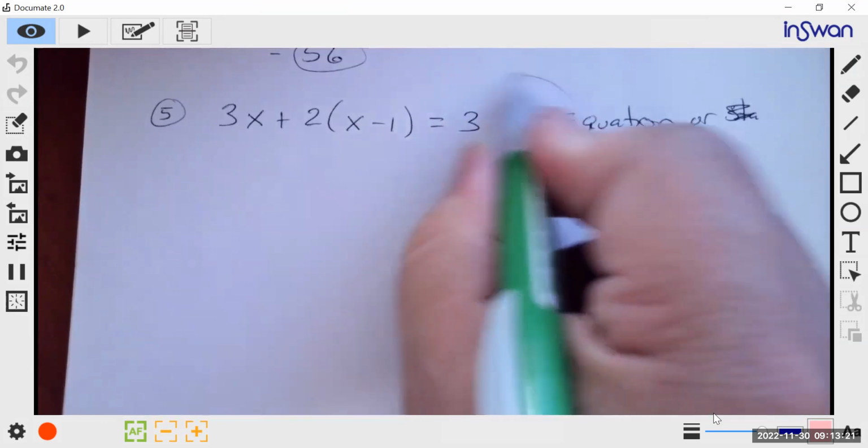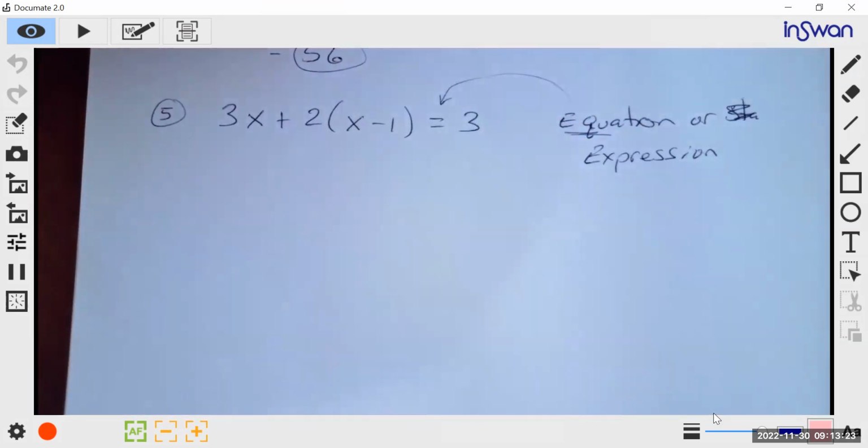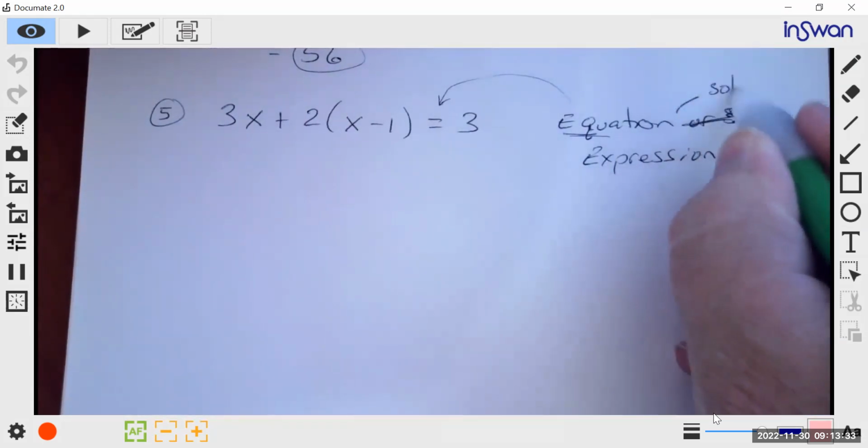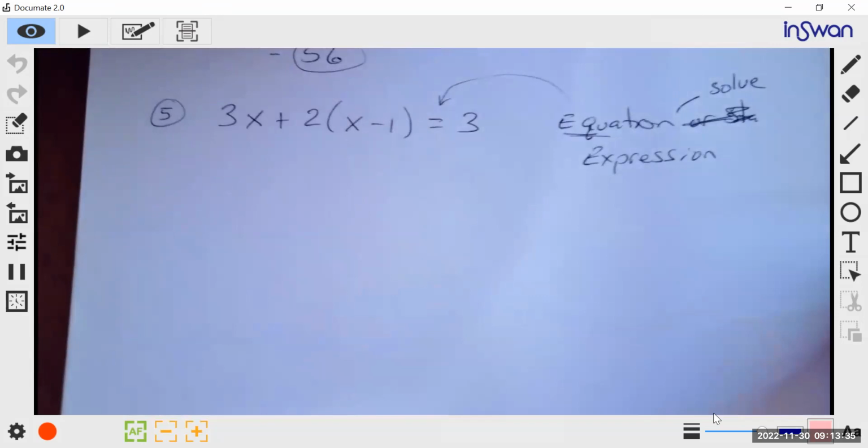Nope, just an equal sign. If it has an equal sign, it's an equation, and you have to solve for something. Because equations, you have to solve.